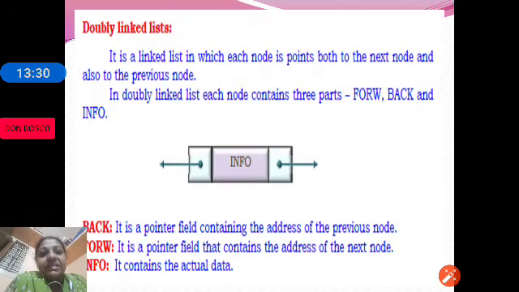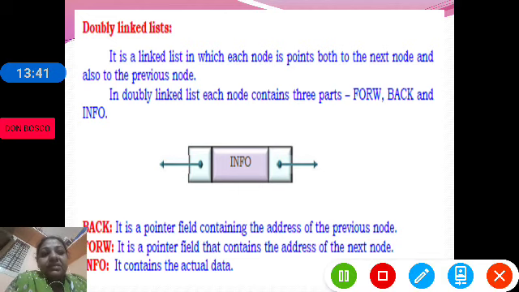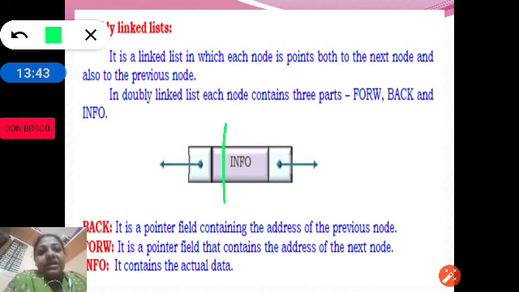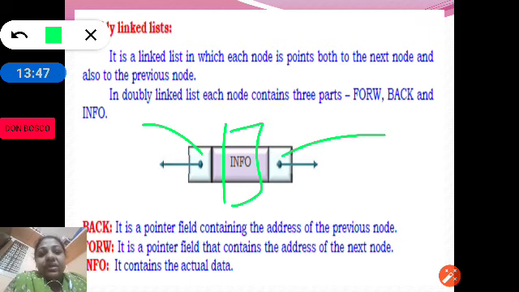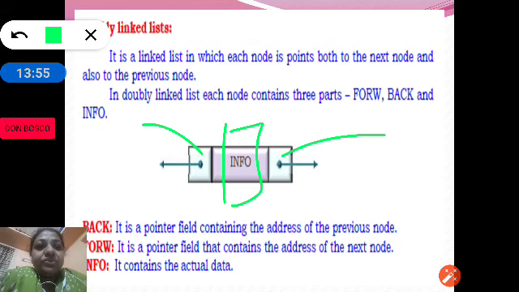So next comes the doubly linked list. In a doubly linked list, there is a change in the node. A node has three parts: the data part or the information part and two addresses. One is a pointer which stores the address of the previous node. The other is a pointer which stores the address of the next node.